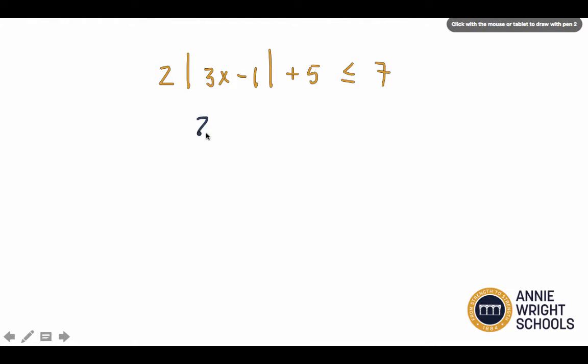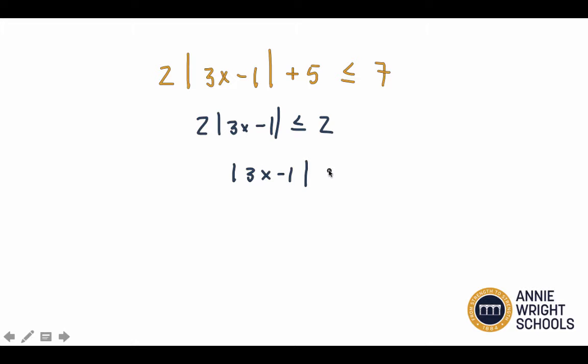So I get 2 times the absolute value of 3x minus 1 is less than or equal to 2. I get the absolute value of 3x minus 1 is less than or equal to 1, and then I get what's inside the absolute value bars is less than or equal to 1, and what's inside the absolute value bars is greater than or equal to -1.